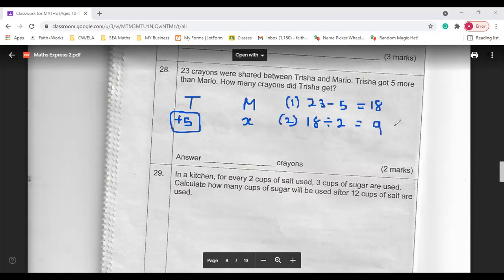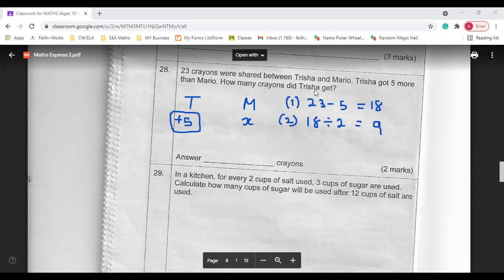So this number 9 means between the 2 of them, Trisha got at least 9, Mario got at least 9, right? But then we have to remember that she got 5 more than Mario. So we could estimate that Mario got 9, Trisha got 9 plus 5.